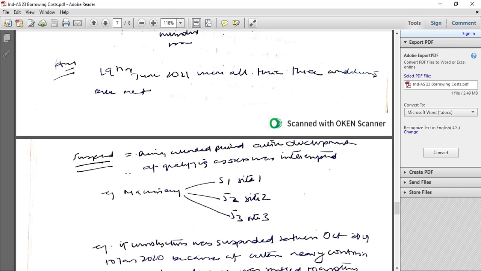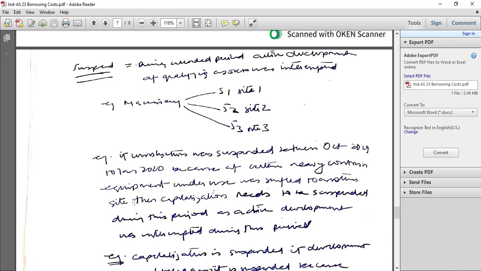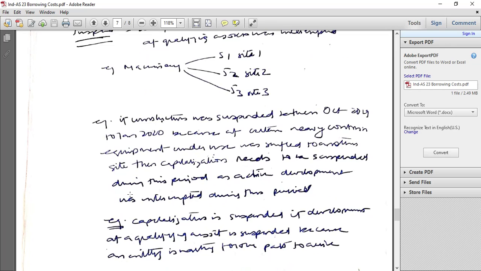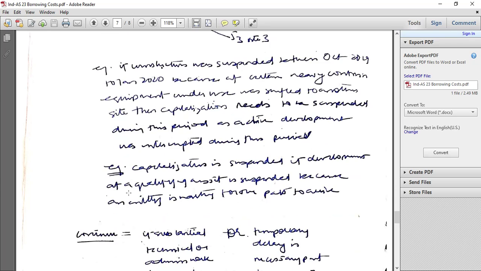For machinery, if the construction was suspended between October 2019 and January 2020 because heavy construction equipment was used at another site, then capitalization needs to be suspended during the period active development was interrupted.